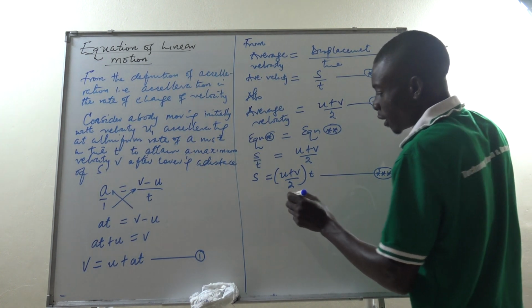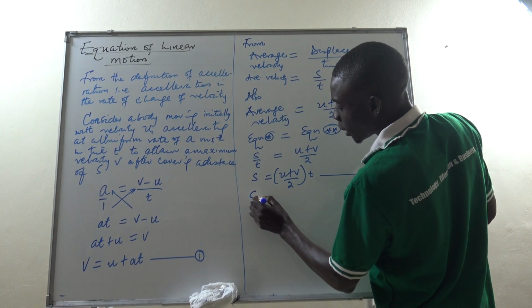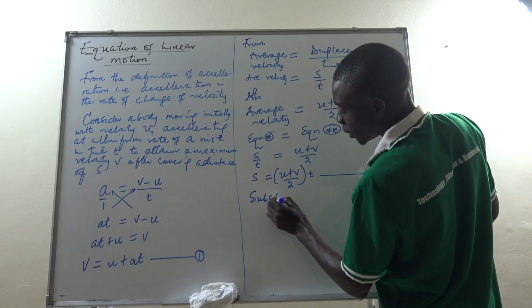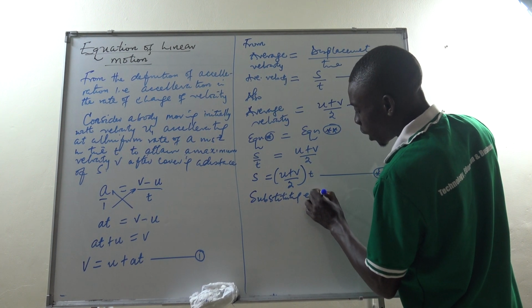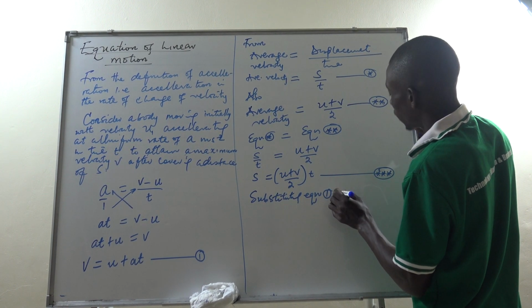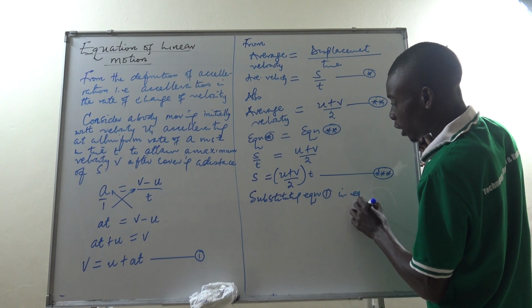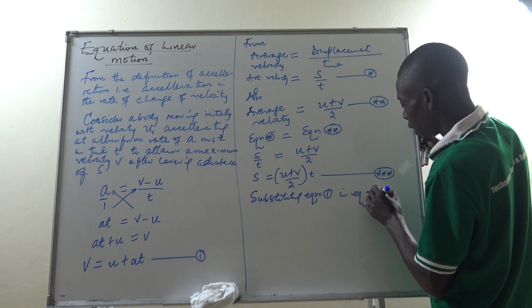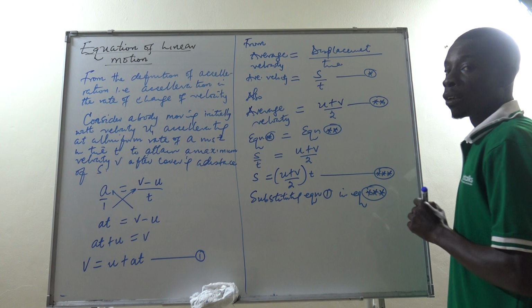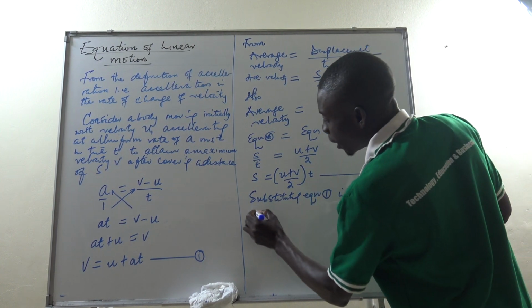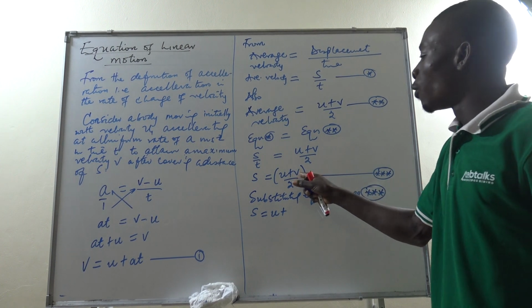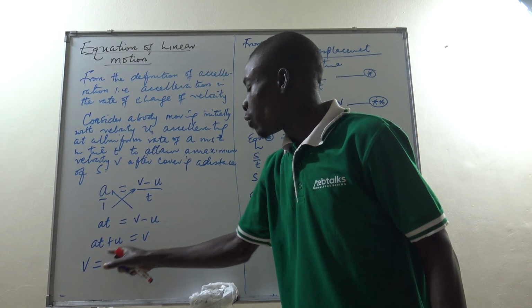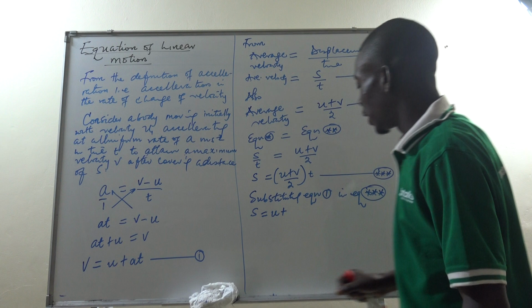Now, substituting equation 1 in equation star 3: s equals u plus, where there is v, from equation 1 v is u plus at, all over 2, times t. This gives s equals 2u times t plus at squared, all over 2.